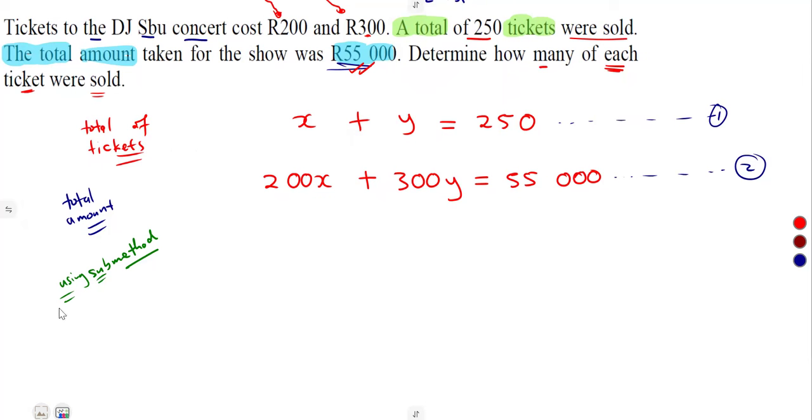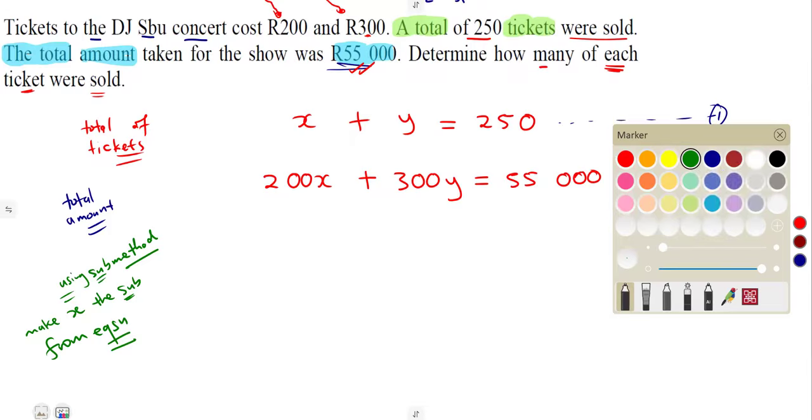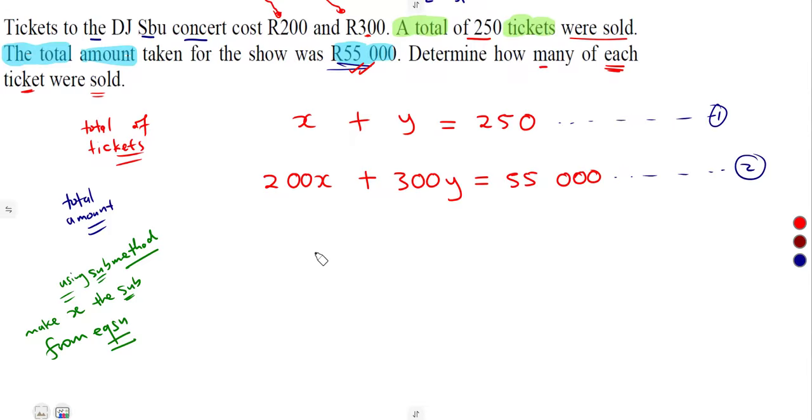From equation 1, I'm going to make X the subject. This is for me, you choose what you want, guys. So X is equal to 250 minus Y, since Y takes a negative.